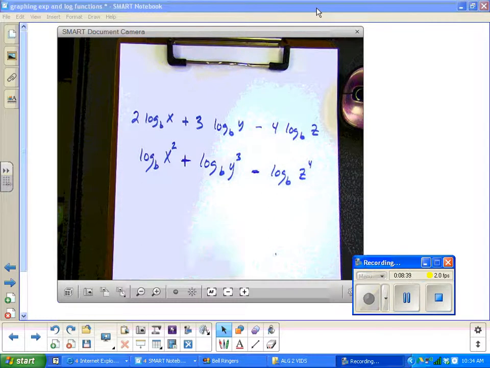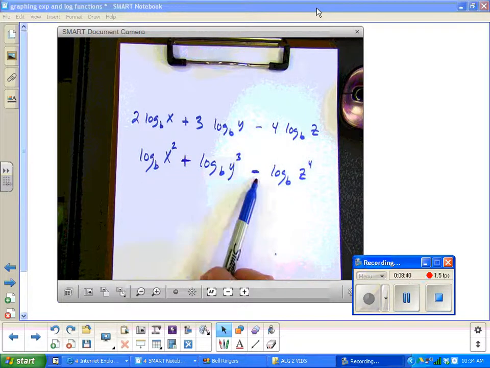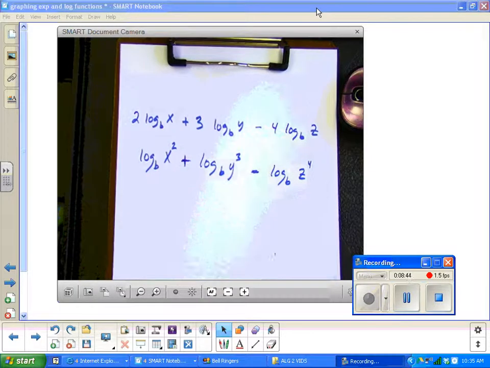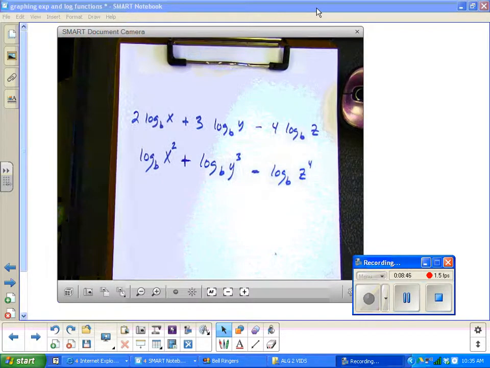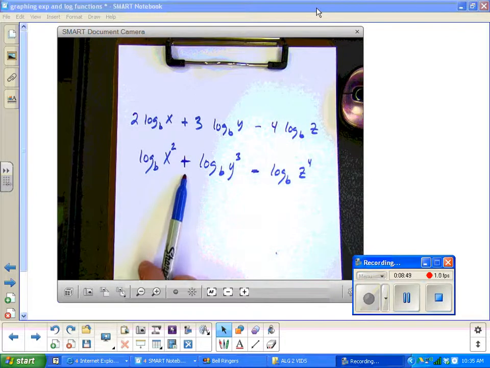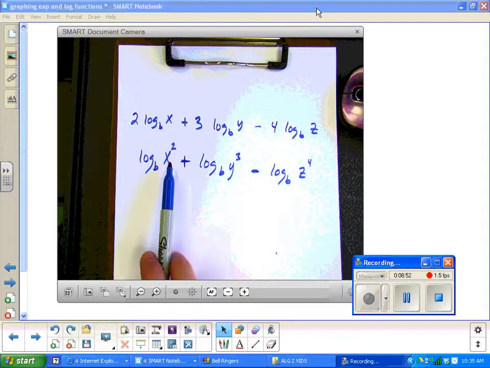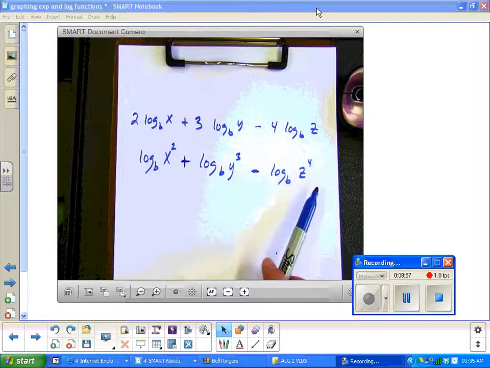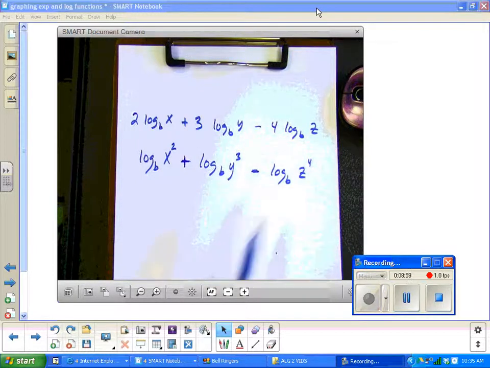So is it always that you multiply first and divide second? You do whichever one comes first. All right. So multiplying would come first. So I'm going to multiply the x squared and the y cubed, and then we're going to divide by the z to the 4th.